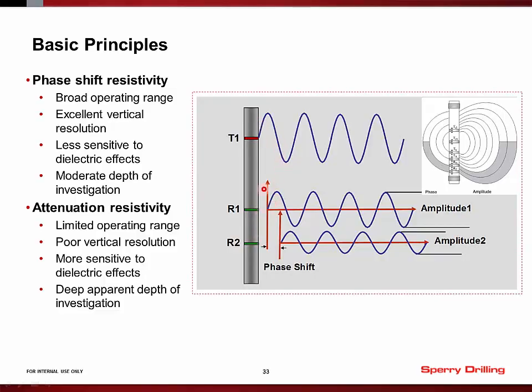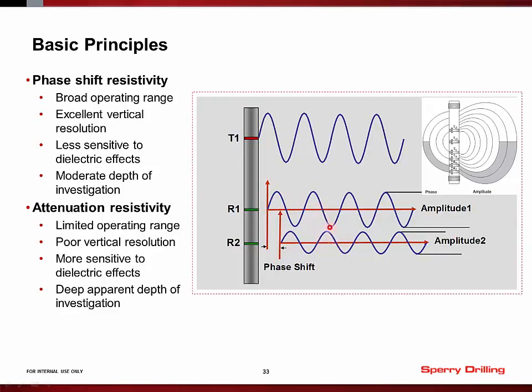By the time it's reached the receivers, two things really happen to it. One is that it gets attenuated. You can see that the amplitude of this wave, which arrives at the first receiver, R1, is higher than the amplitude at R2. That's because the signal, as it's traveled that extra distance, has been attenuated some by the formation.